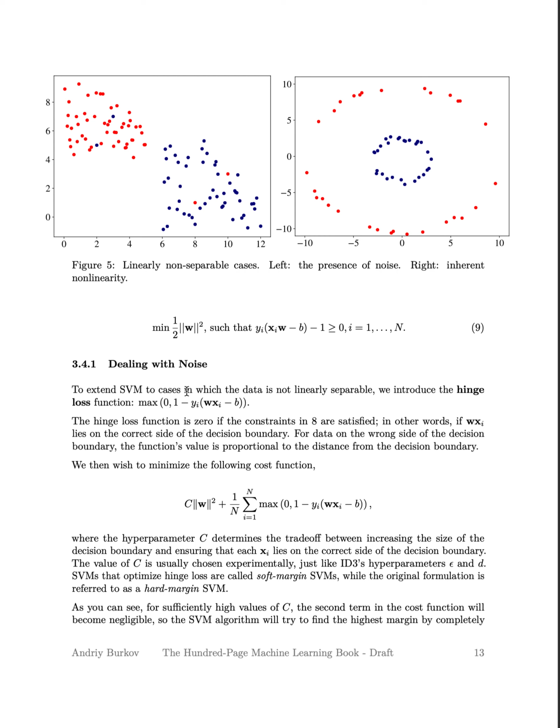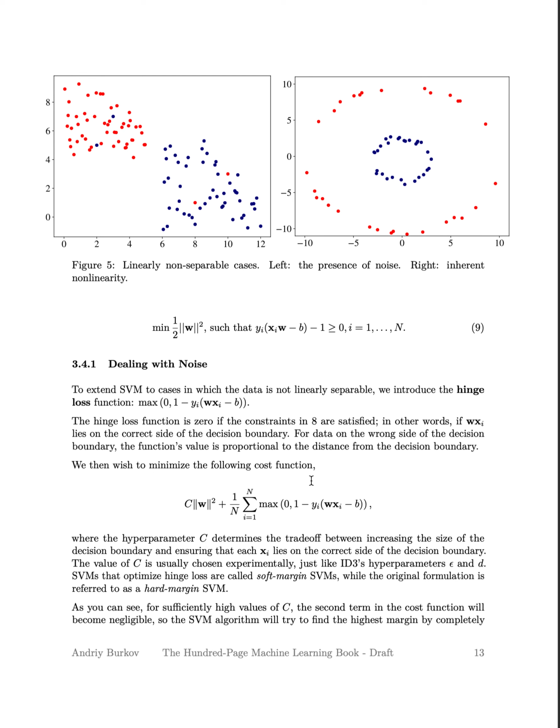And in examples where your data is not linearly separable, we introduce the hinge loss function. What the hinge loss function does is it takes the max, right? So it takes 0 if all your constraints are satisfied, if it's on the right side of the decision boundary beyond the margin. Otherwise it will take 1 minus your prediction. So it's simple, right?